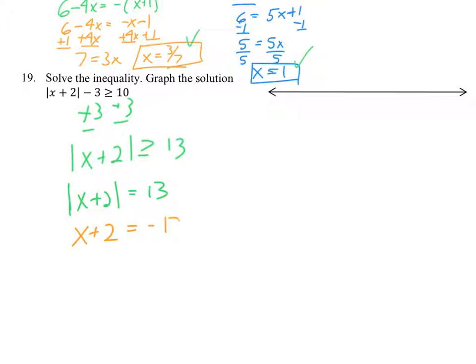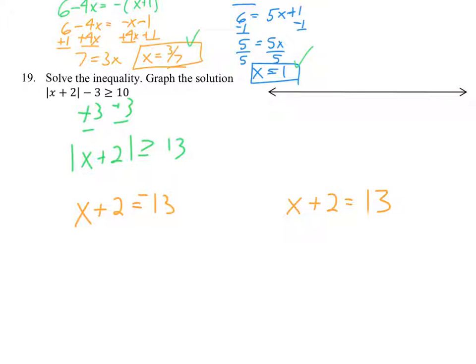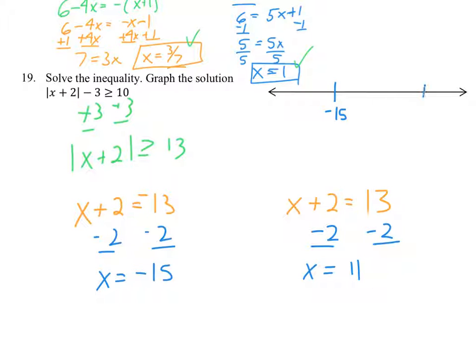So we solve both for the negative 13 and for the positive 13. And so we just solve those two equations separately. We get x equals negative 15 and x equals 11. So on our graph, put a point at negative 15 and a point at 11.